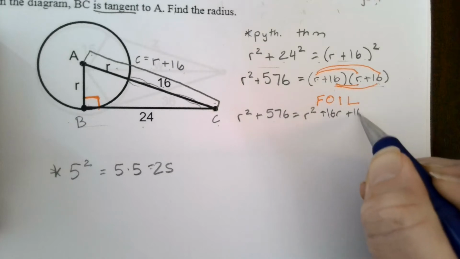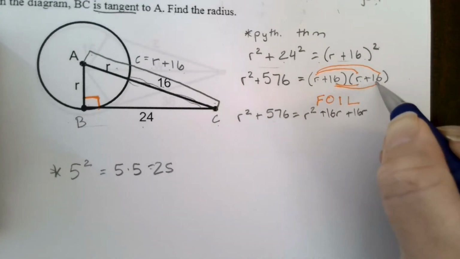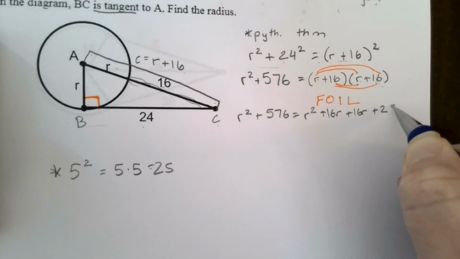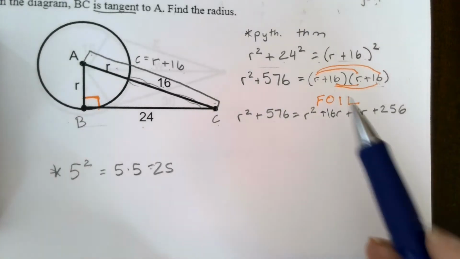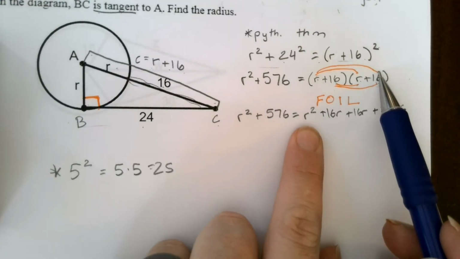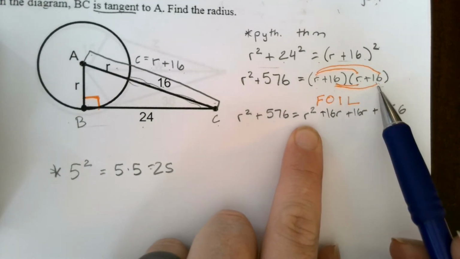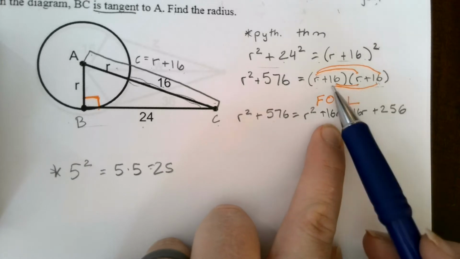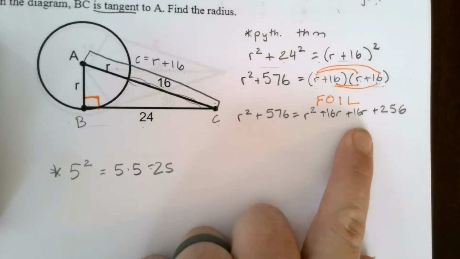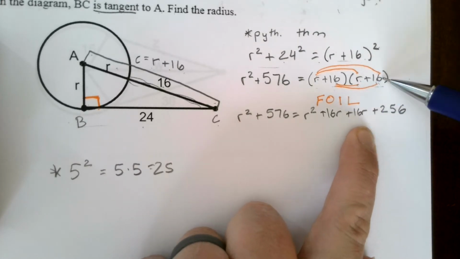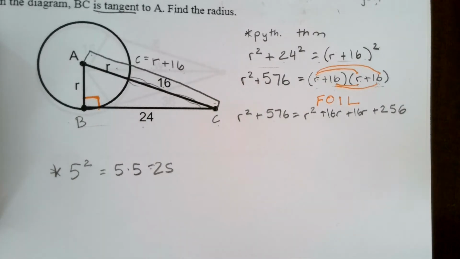Inner, 16r. Last, 16 times 16 is 256. So remember, first is how I got that. Outer is how I got that. Inner is how I got that one. And last, 16 times 16 gives me the 256.